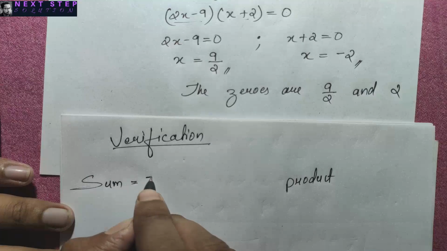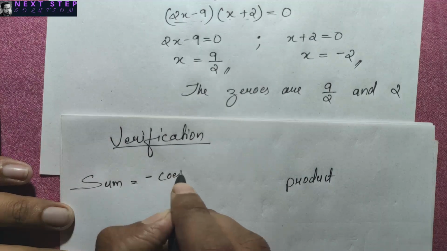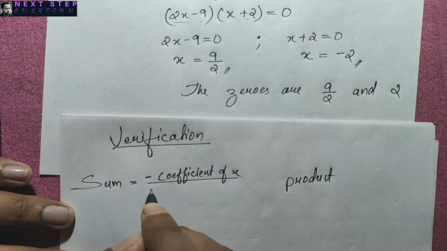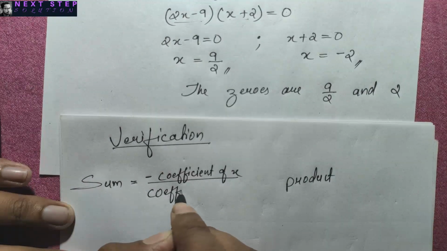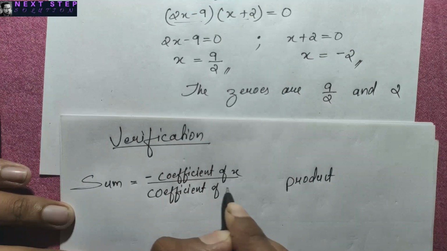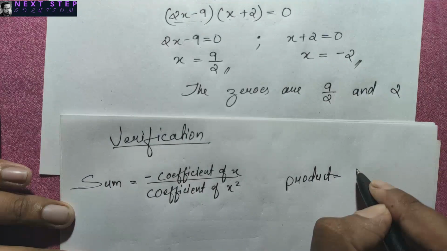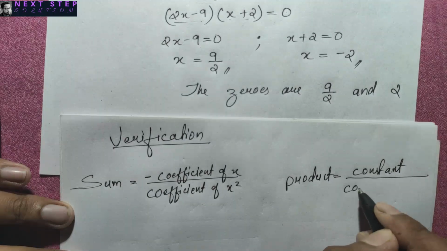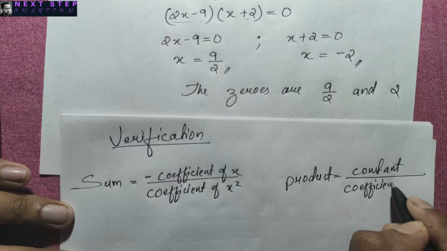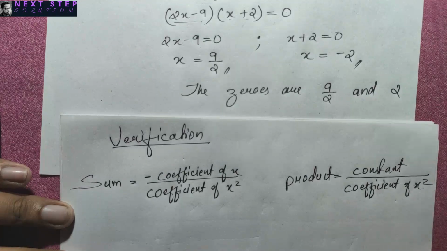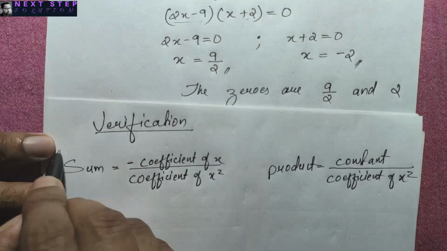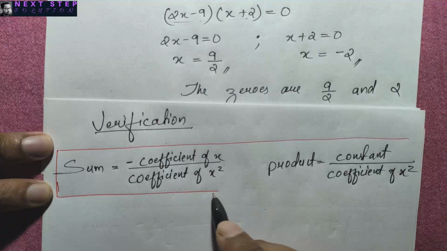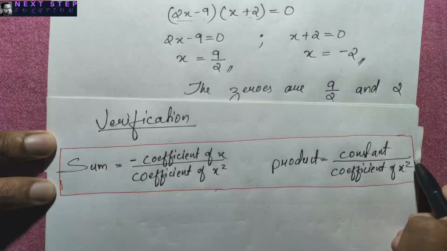Sum should be minus coefficient of x by coefficient of x square, and product should be constant by coefficient of x square. This is the relationship between the zeros and the coefficients. You need to memorize this.